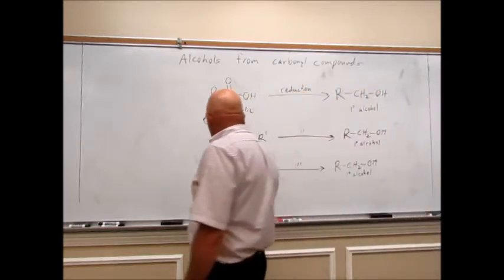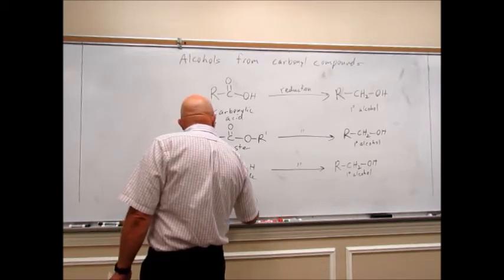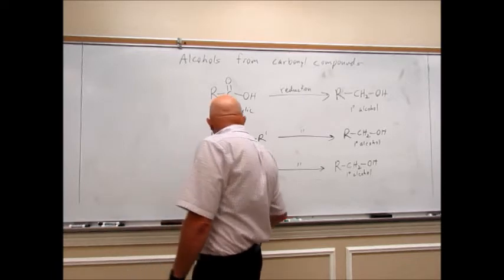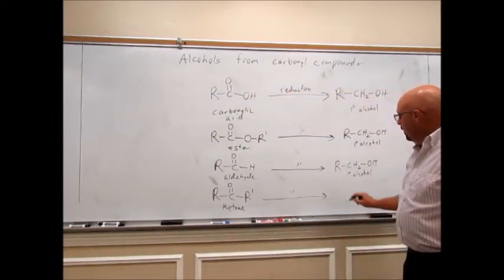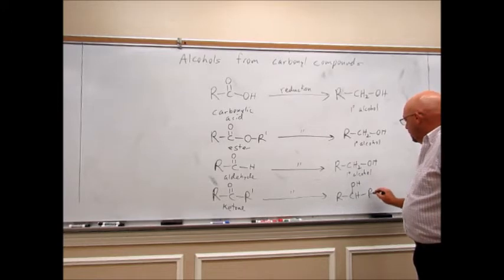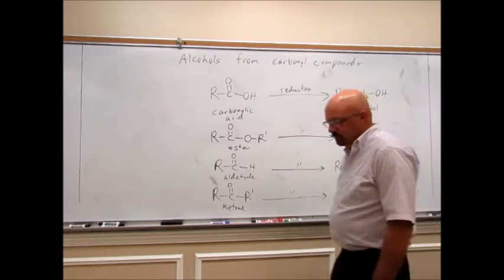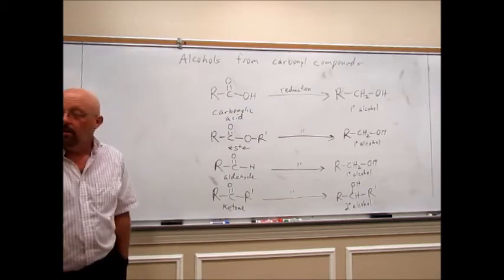And finally, we'll look at the reduction of a ketone. If we reduce a ketone, we get a secondary alcohol. So all the others gave primary, but the ketone gives a secondary alcohol.